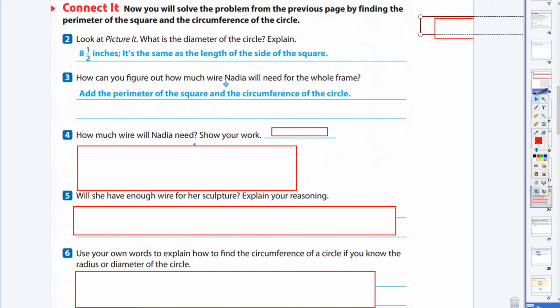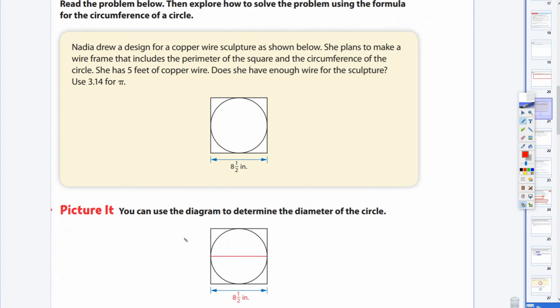How can you find how much wire Nadia will need for the whole frame? Well, if we go back, if you add the perimeter of the square and then the circumference of this circle, you will have your answer.